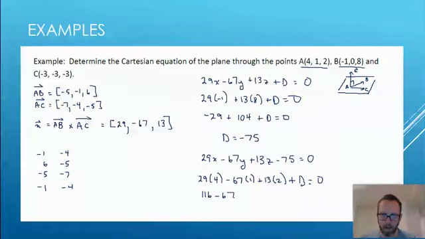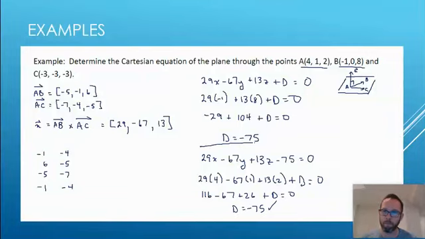Minus 67 plus 26 plus D equals 0. So does that give me 75? 116 plus 26. Hope it does. Minus 67. Yeah, it does. I get D equals -75. So I just checked. I did do it right. And that is the Cartesian equation of our plane.